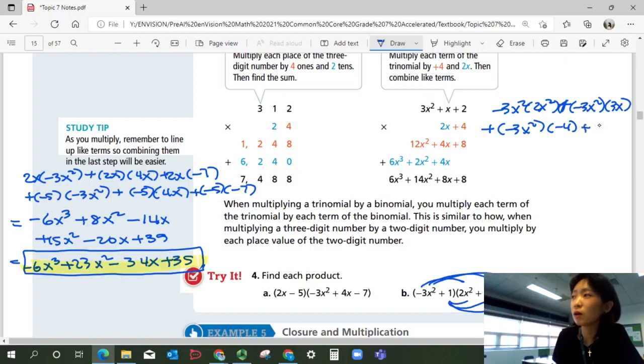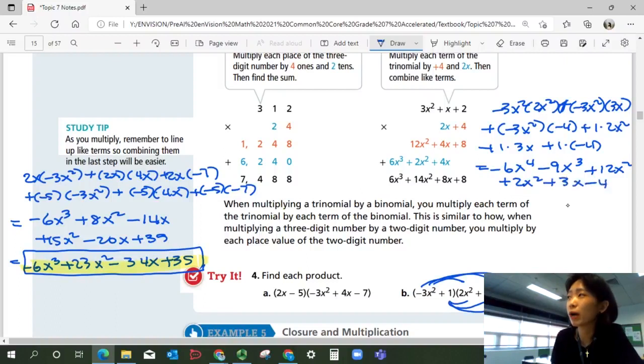Then you add 1 times 2x squared plus 1 times 3x plus 1 times negative 4. And then you simplify. Negative 6x fourth minus 9x cubed plus 12x squared plus 2x squared plus 3x minus 4.